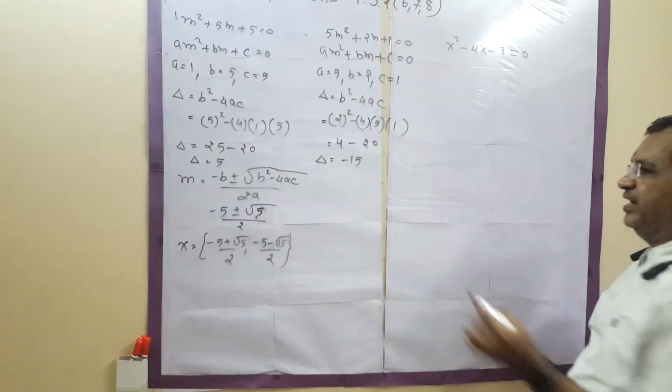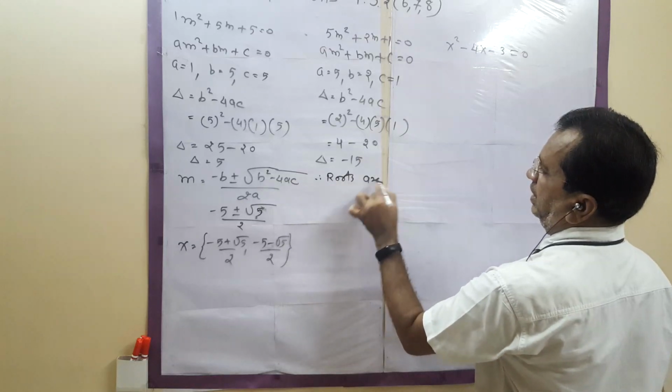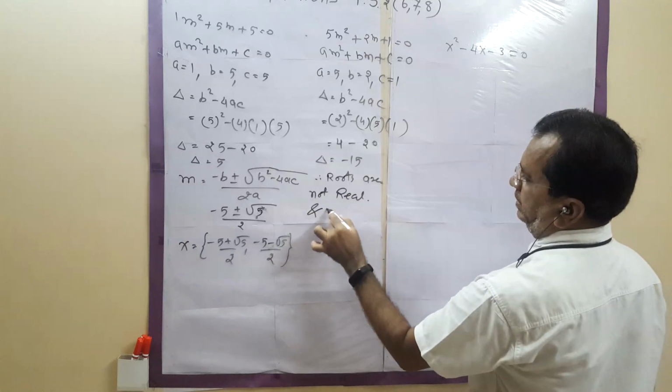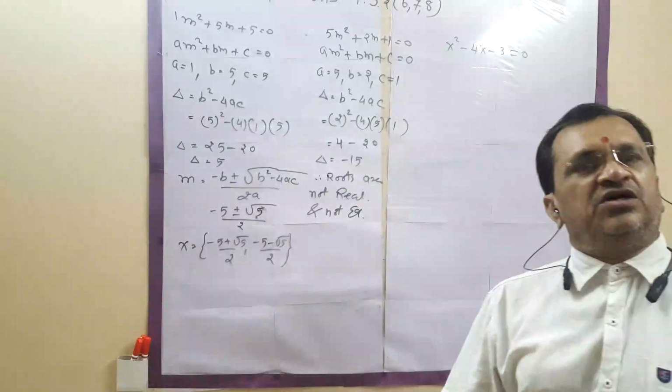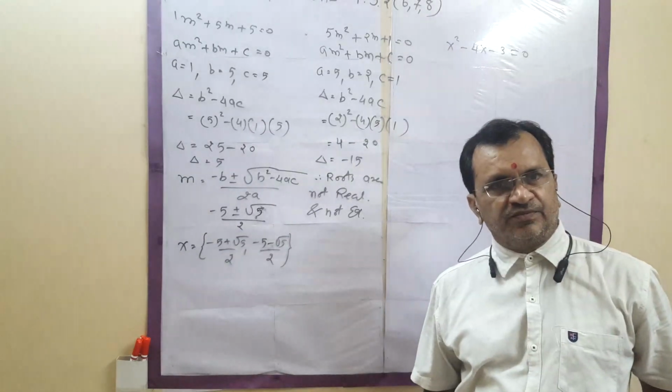If delta is the discriminant, therefore roots are not real, not equal, you cannot find the roots.